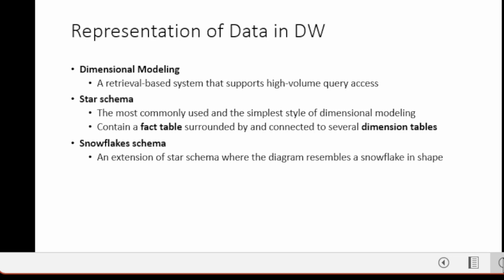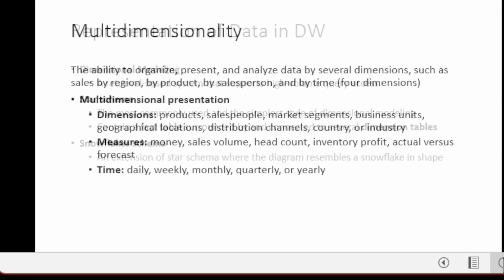It supports high-volume query and access, whereas the star schema is the most commonly used and simplest style of dimensional modeling. So it is a fact table surrounded by, or connected to, various dimension tables, whereas the snowflake schema is an extension of the star schema where the diagram resembles a snowflake in shape.